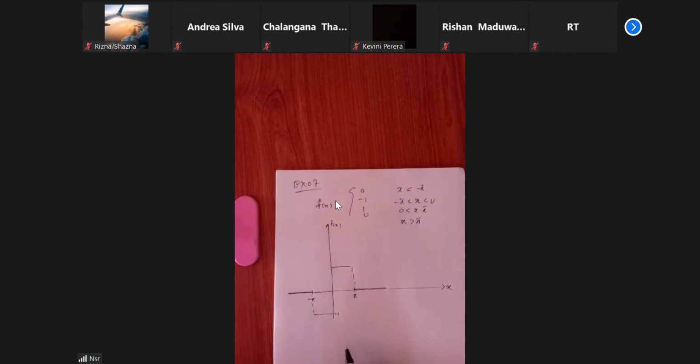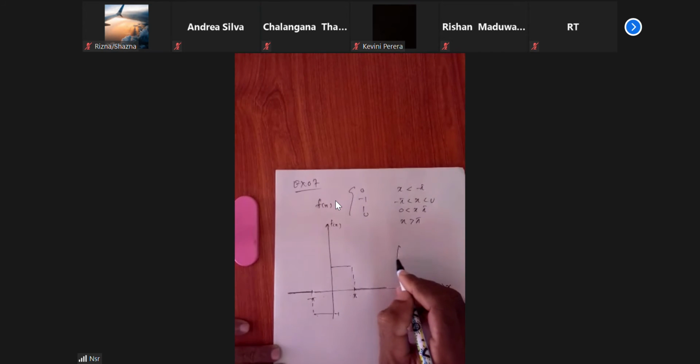When you look at this function, is it possible to identify whether it is an even function or an odd function? It's an odd function. Why?